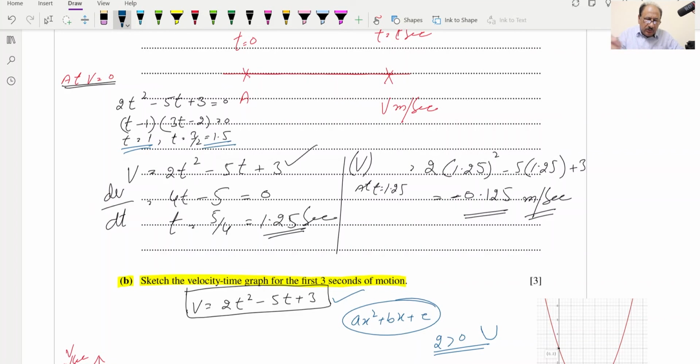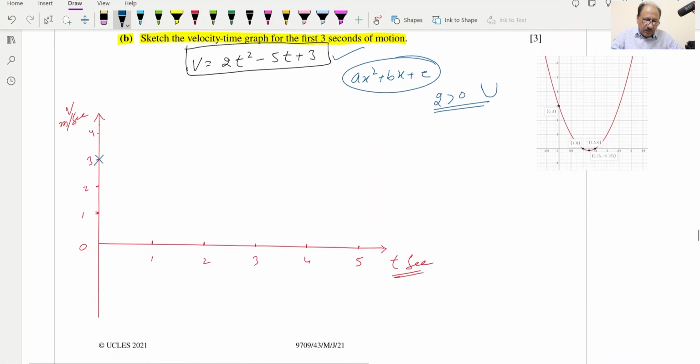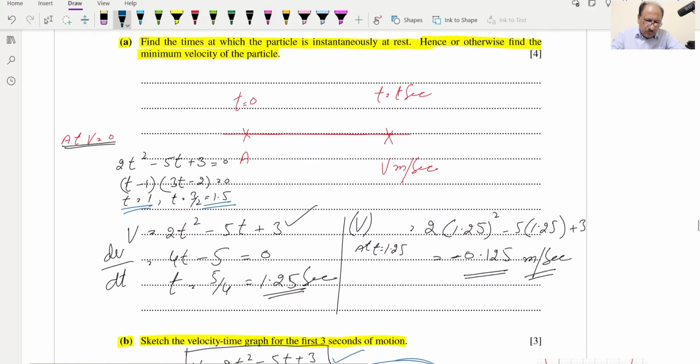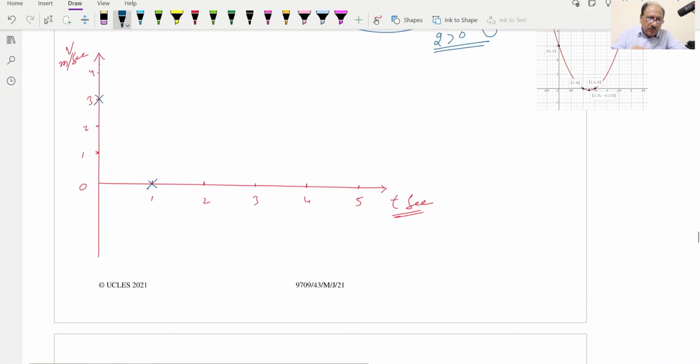So 1 and 1.5 are the points of intersection. 1 will be over here, and 1.5 we can take over here, and this is the other point of intersection.